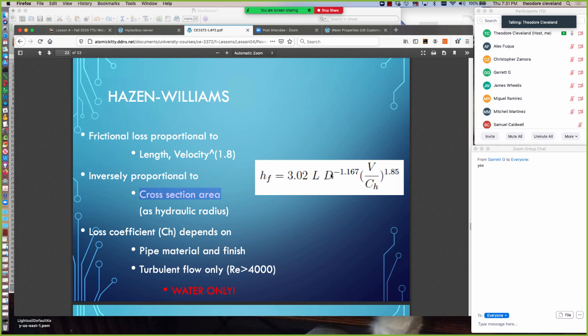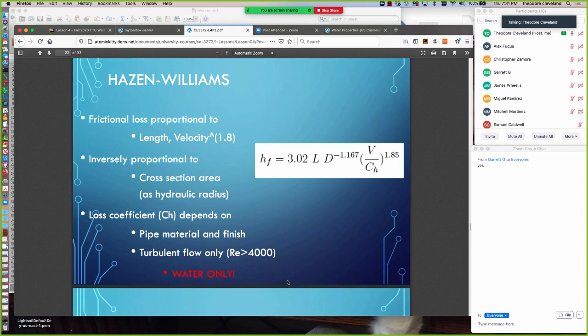Here we're showing it as diameter, and we'll explain that shortly. And the loss coefficient depends on pipe material and finish. And one thing different about this is that this loss model is intended for turbulent flow water only. So the application of Hazen-Williams to a liquid other than water is fundamentally incorrect.